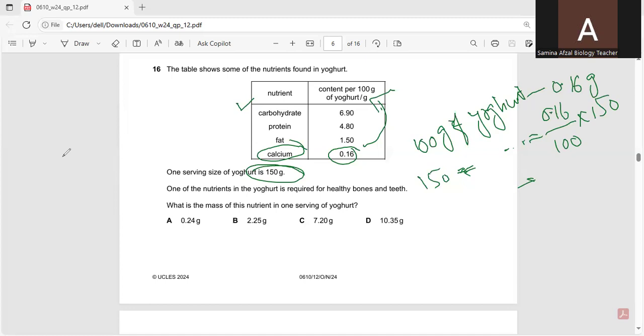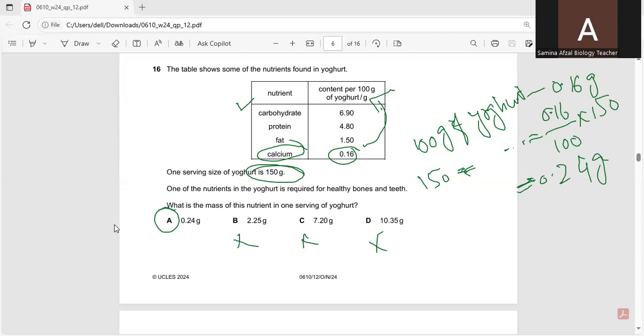After calculation, the answer is 0.24. So 0.24 gram calcium will be found in 150 gram of yogurt. So A is the correct option after calculation. So we are moving towards the next question.